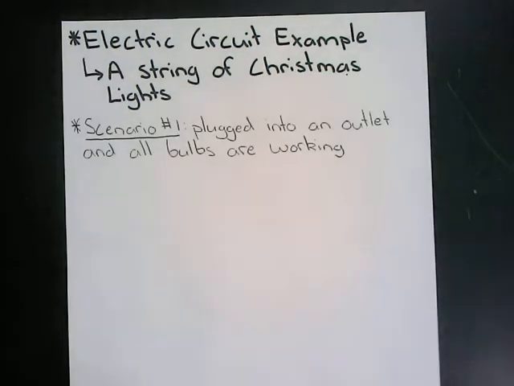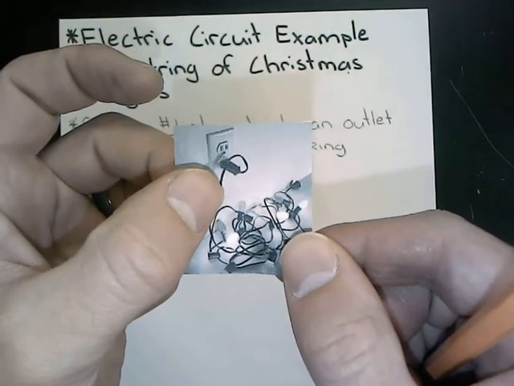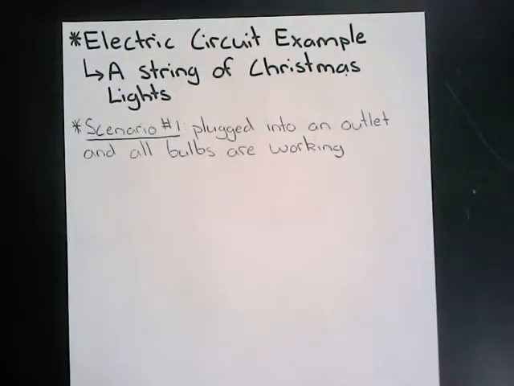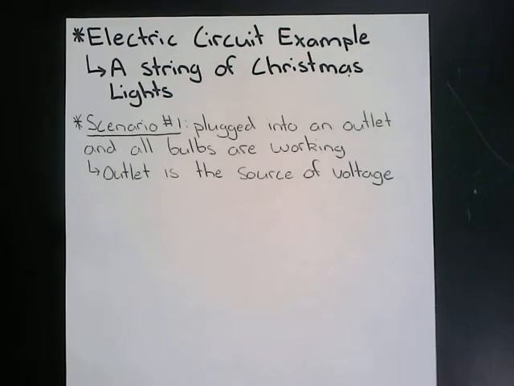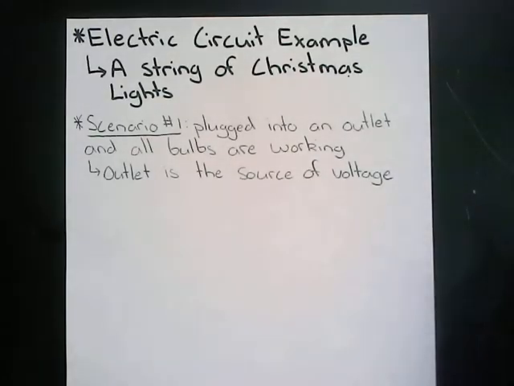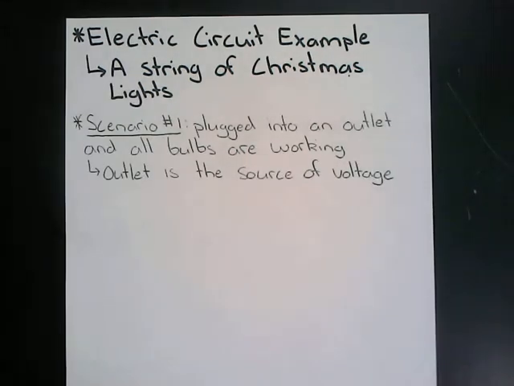When this happens, the outlet that the string of lights is plugged into is the source of voltage. If the outlet's working and the lights are working, the charges are going to move through the wires and the bulbs from one side of the outlet to the other.